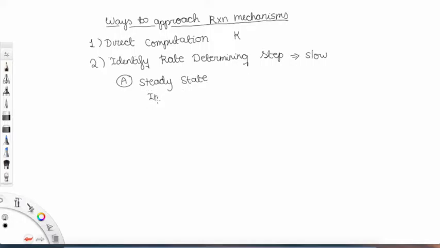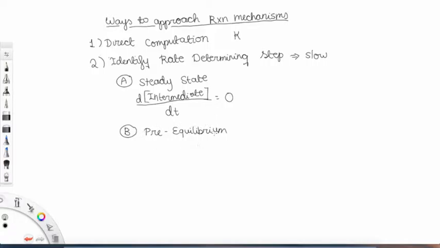So the intermediate in the mechanism, the concentration is going to remain constant over time, and so this indicates a steady state reaction. On the other hand, we also have pre-equilibrium. And as this term states, this is when the reaction before the rate limiting step is at an equilibrium, and so you use its equilibrium constant K.